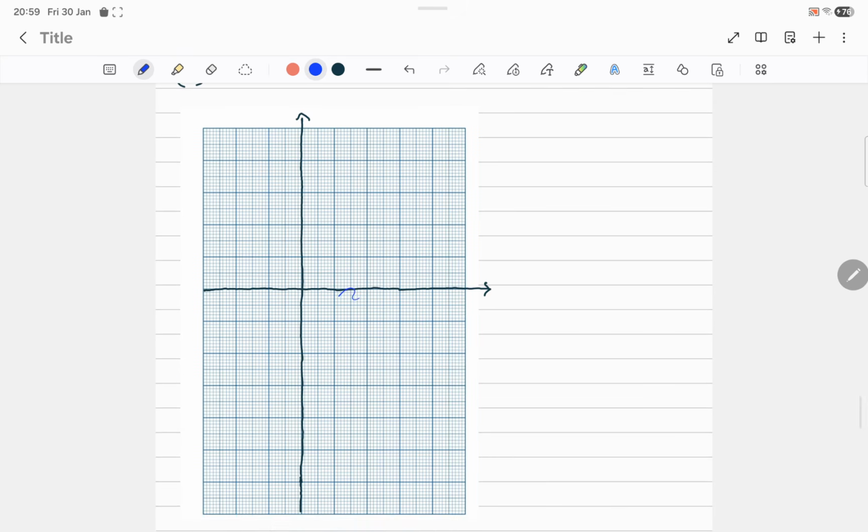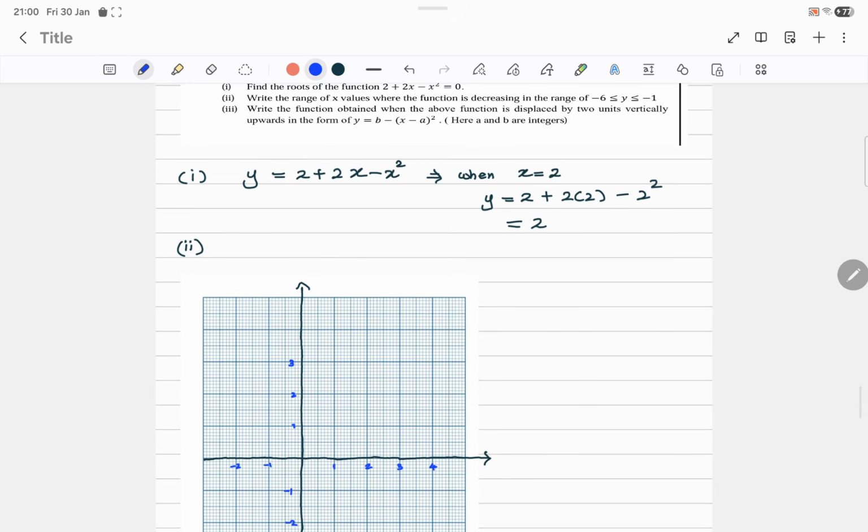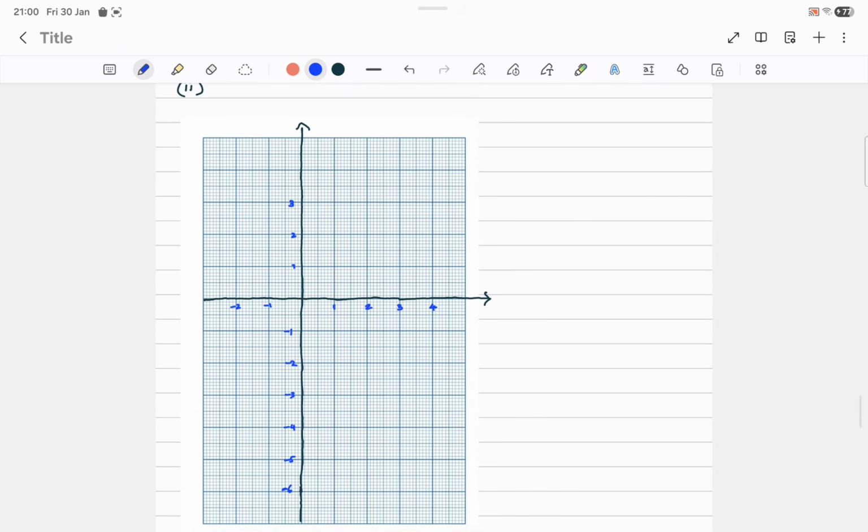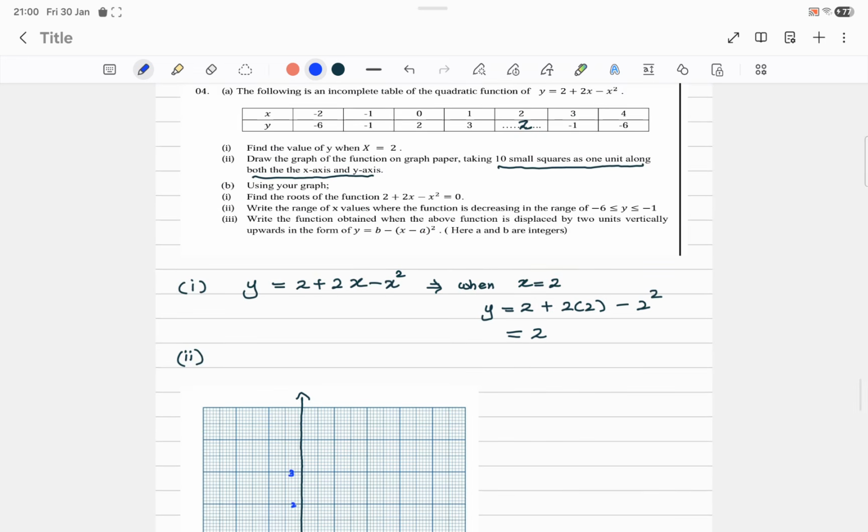So 1, 2, 3, 4, -1, -2 on the x-axis, and 1, 2, 3, -1, -2, -3, -4, -5, -6 on the y-axis.